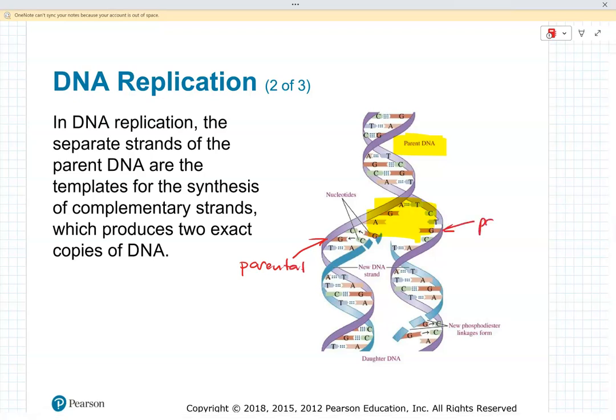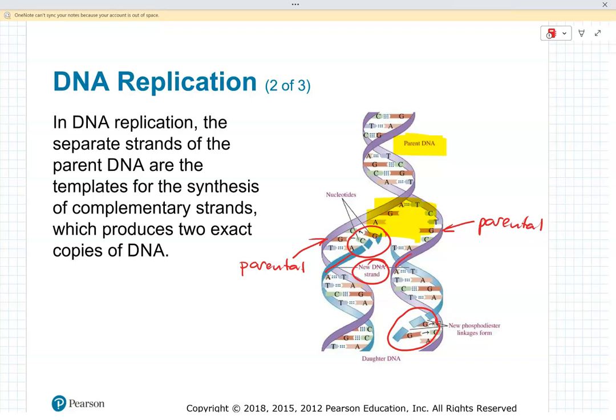So these are parental strands. Okay? And the blue ones are newly synthesized. Does that make sense to you? You can see that there are nucleotides added to the growing chain.